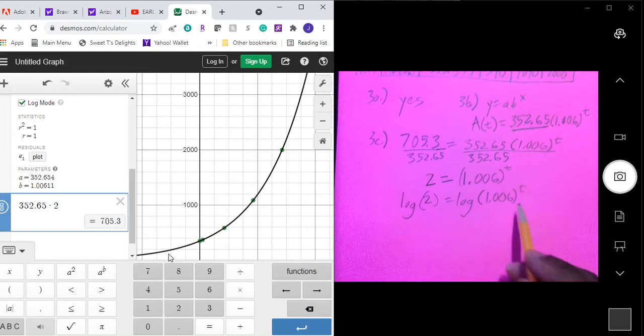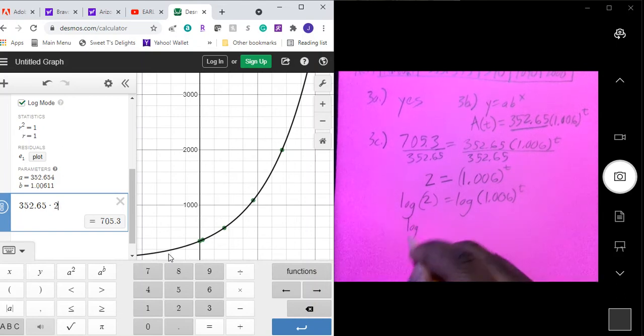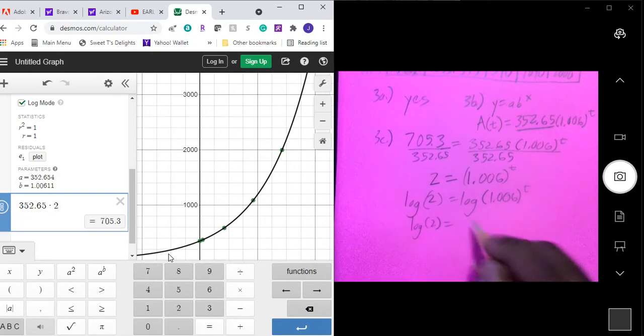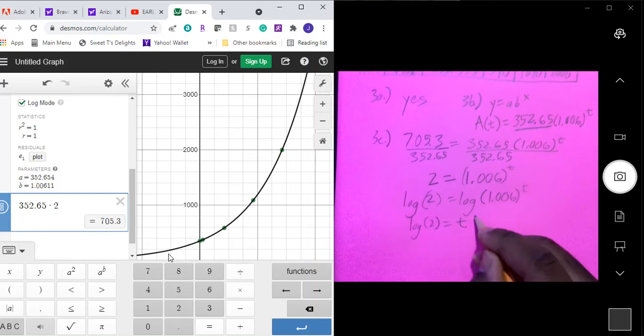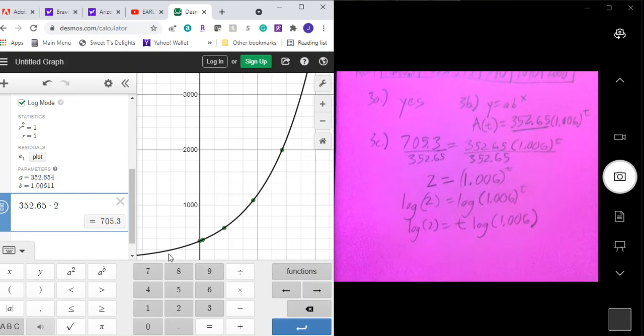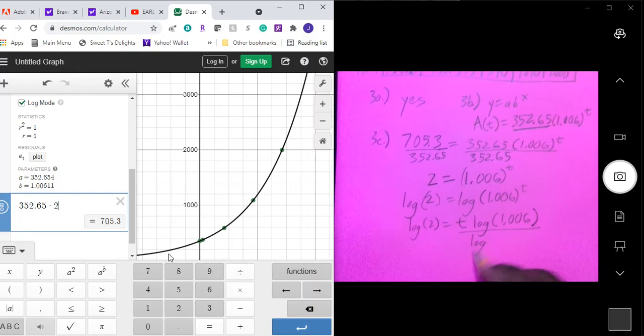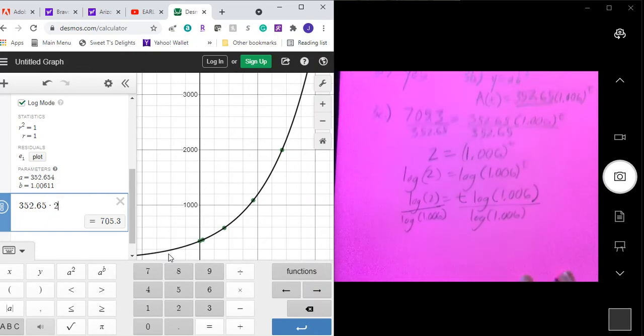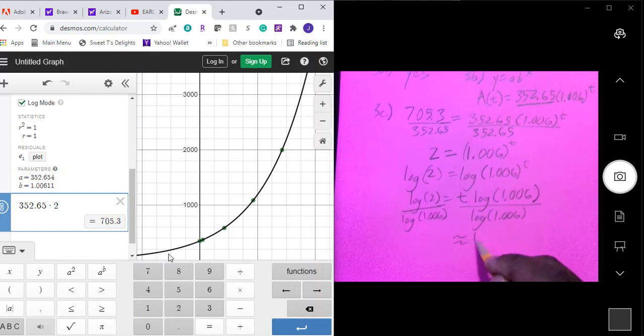So now, according to the log rules, this exponent of t can come out in front of the log as multiplication. So now we would divide each side by log with the argument of 1.006 on both sides. And now we're going to end up with an approximate value equal to t. So we could put this in our calculator.